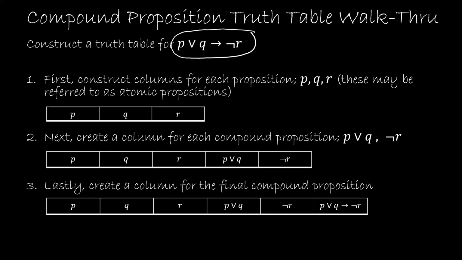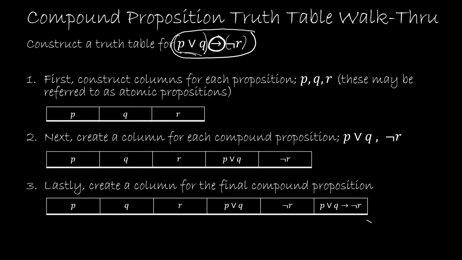So we have P or Q, and then we have an implication: if P or Q, then not R. Even though they're not here, we're essentially saying this is happening first, according to our order of operations. Then we've got our implication. That's how I want you to think about that.